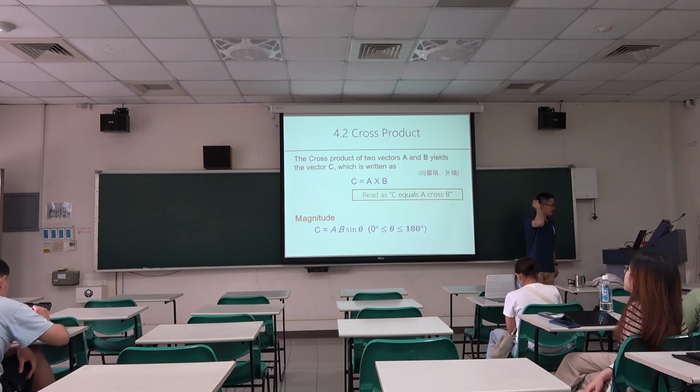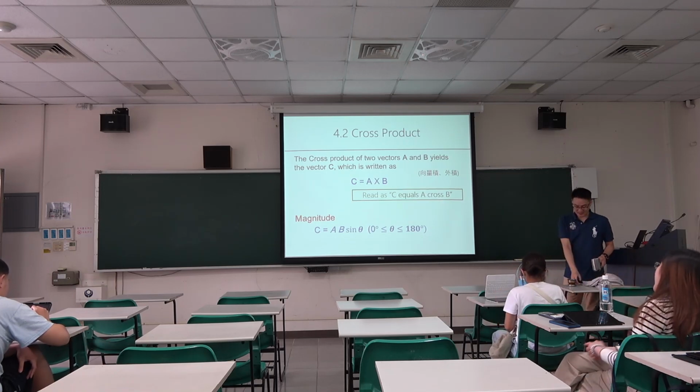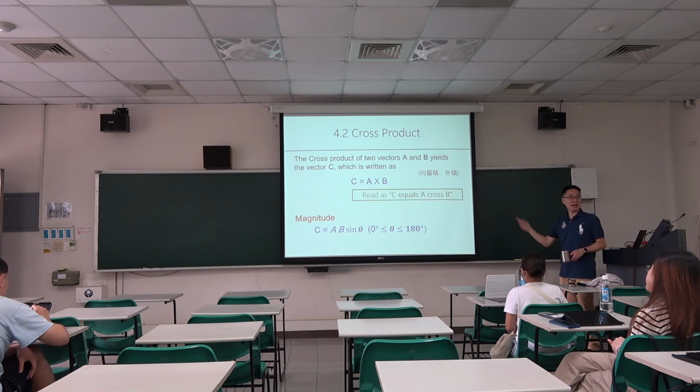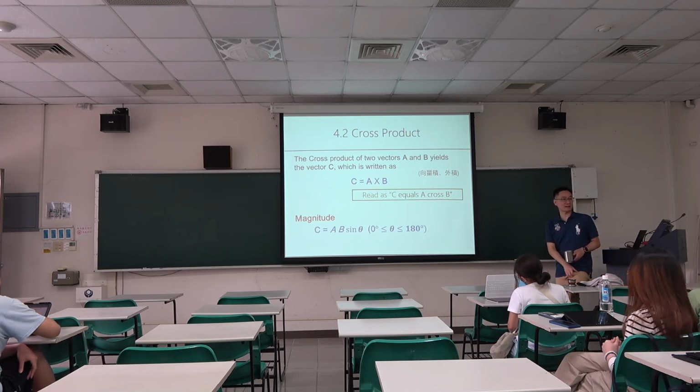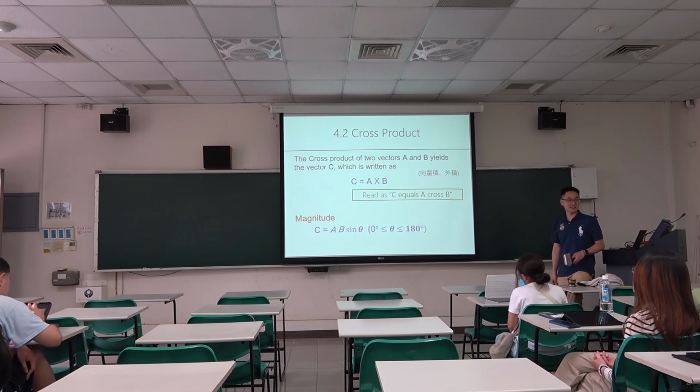Okay, in this section we are going to discuss the cross product. Last time we talked about the dot product. The dot product's final outcome is purely scalar. Remember, A dot B equals AB cosine theta.